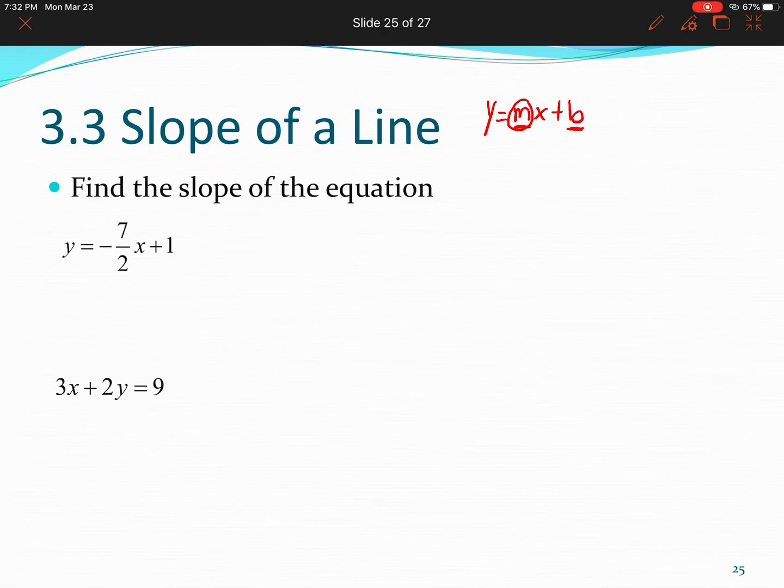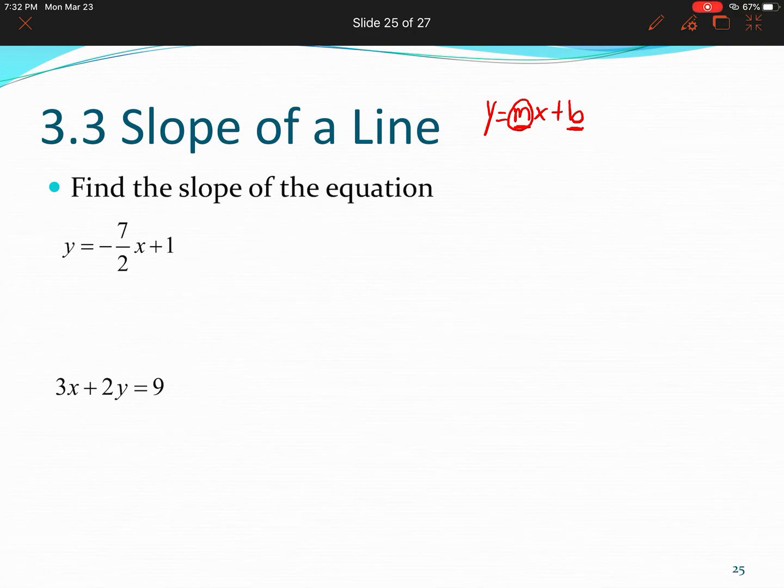So if we can put our equation in this form, then we can look at that number with x. x is not part of the slope. It's the number in front of the x, the coefficient. That number tells us the slope of the graph of that line. And so if we can look at the equation and find that number, then we know the slope.